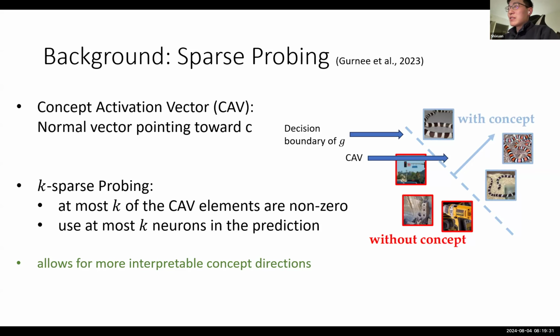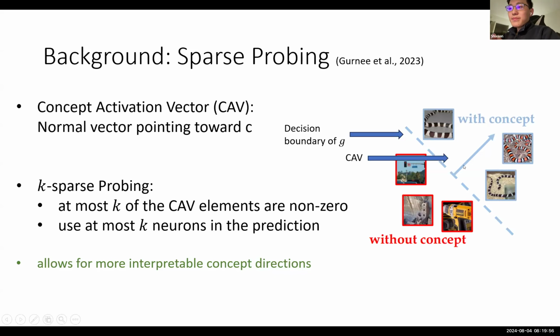First we have to define the CAV, the concept activation vector. This vector is just a normal vector perpendicular to the decision boundary of your linear classifier, as shown here, and it is pointing towards the with-concept side of the embedding space.